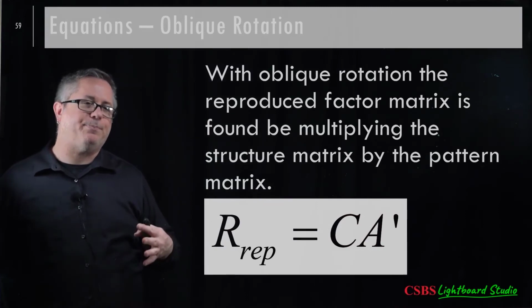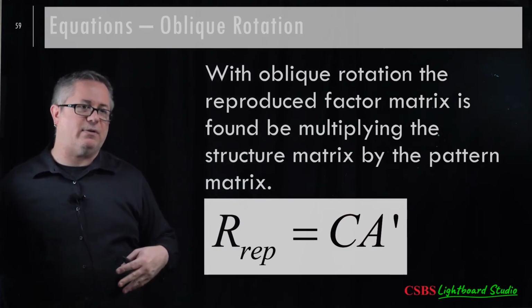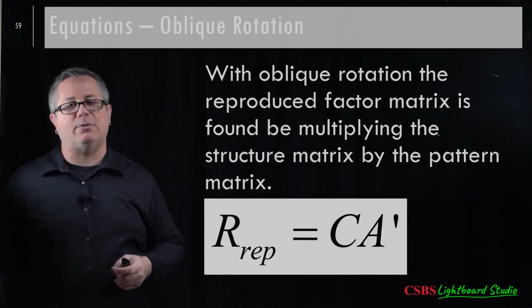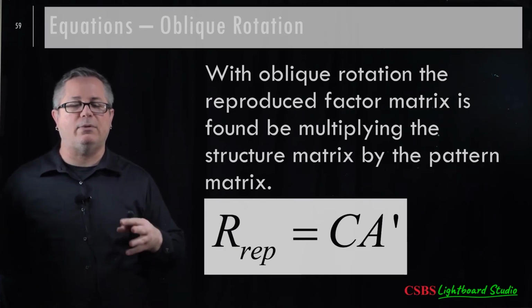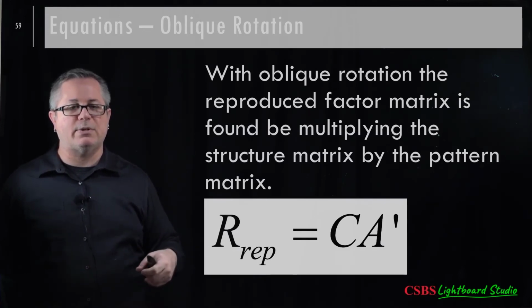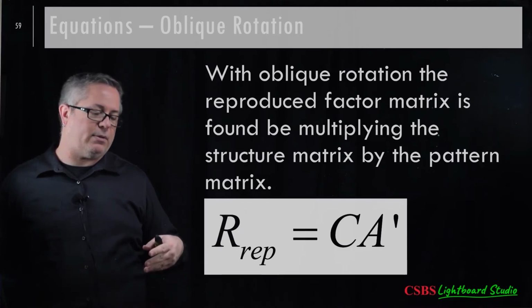So that's what I'm saying: oblique rotation is oftentimes more useful to get a cleaner pattern of relationships in your loadings, so you can actually interpret it. But it just requires more work to do things like get a reproduced matrix or calculate communalities and other things.